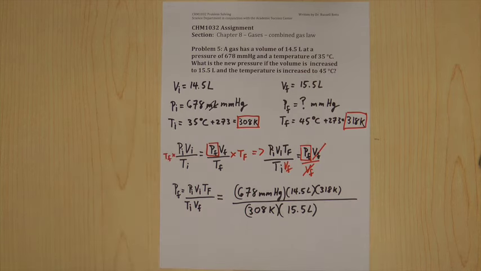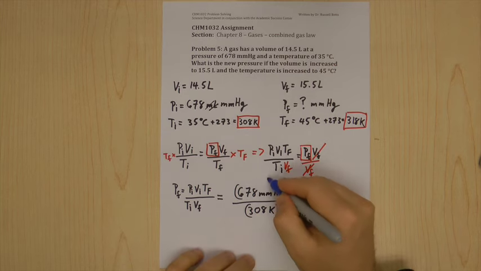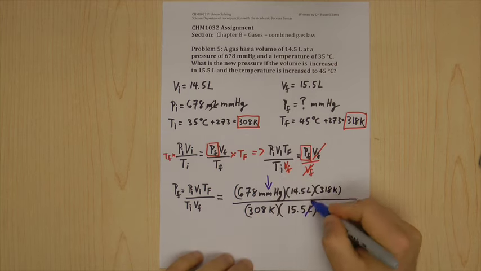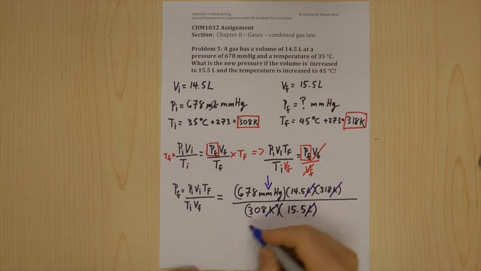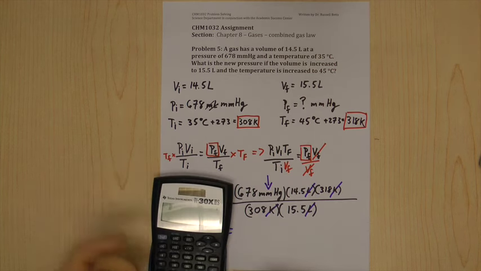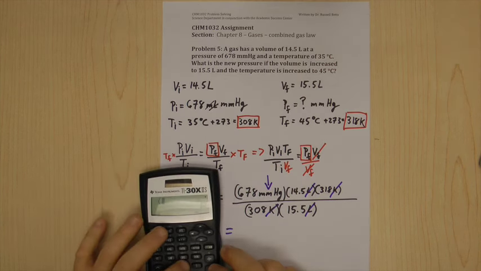Whew, okay, let's make sure our units cancel to leave us in pressure. Our pressure unit is right there. Liters cancel, Kelvin cancels. Now, it's just a basic multiply and divide math question.